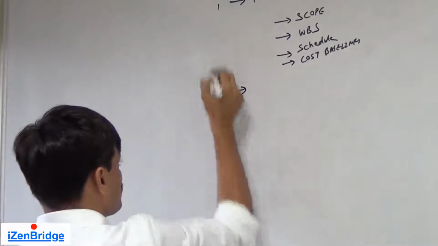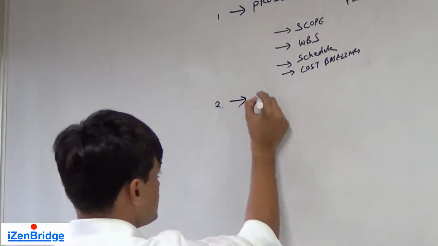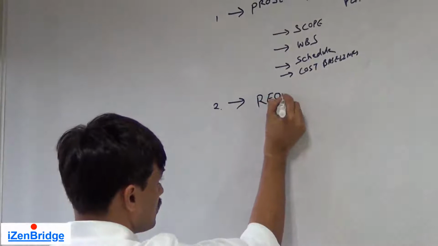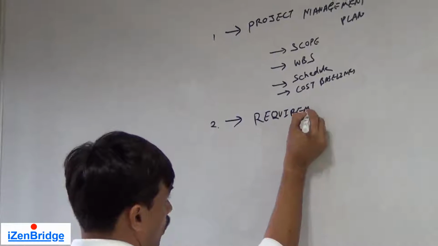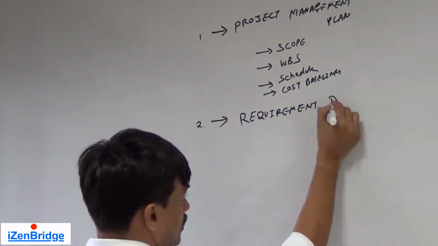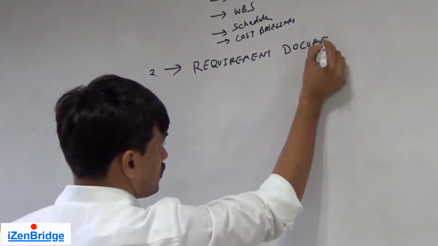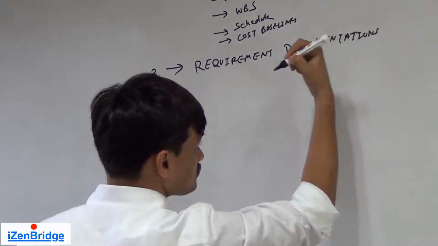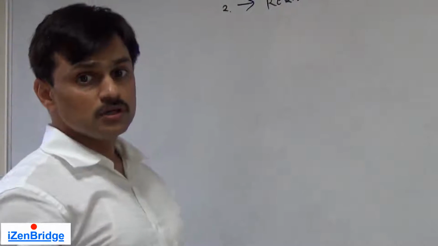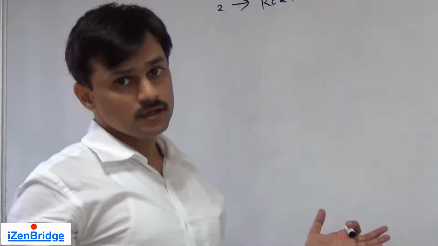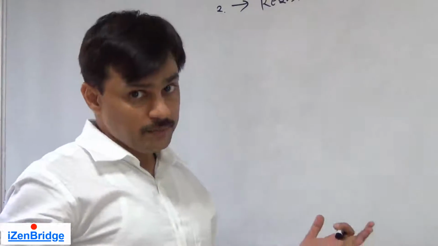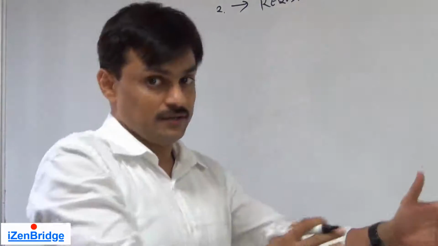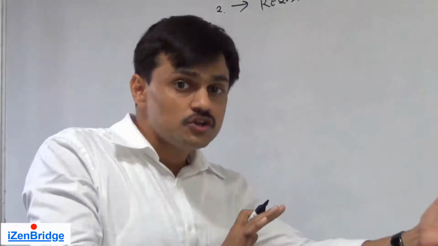So the second input for this process is requirement documentation. Now something about risks. A lot of the time we end up procuring, remember, as the transfer strategy of risk.